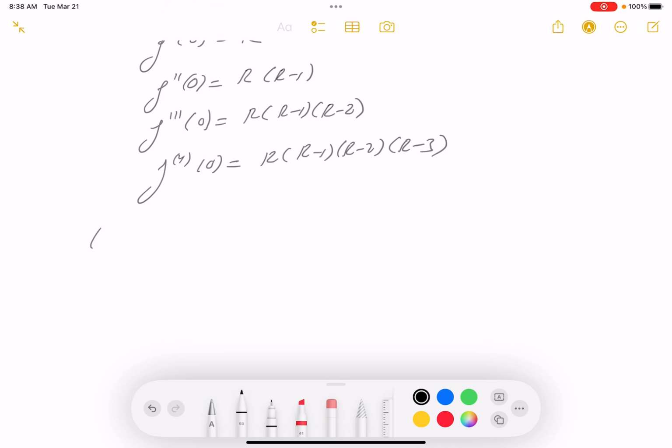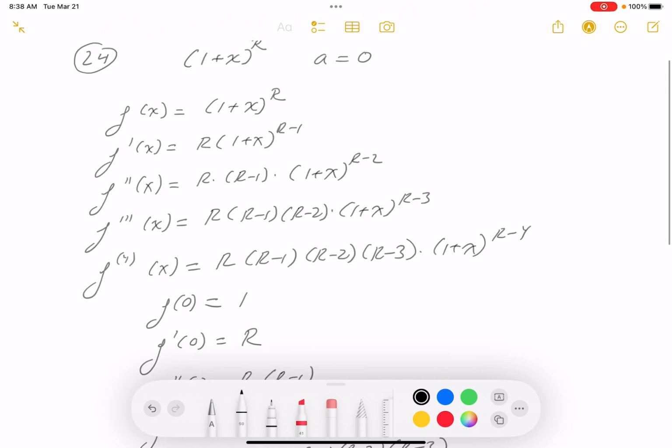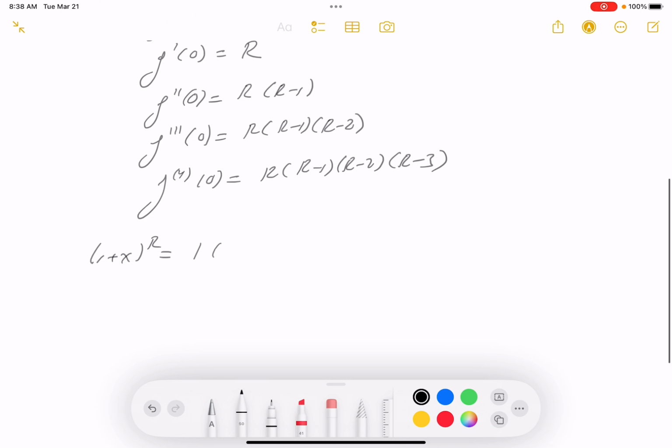So let's write this down. 1 plus x to the r is going to be equal to, we're going to do the expansion now, and we'll write the sum down as well, by the way. It's going to be 1, and then x to the 0.